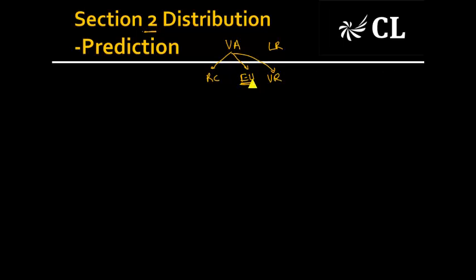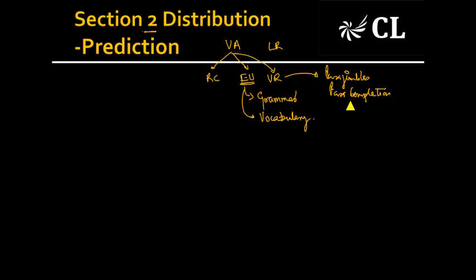By English usage I mean questions based on grammar and also questions based on vocabulary. By verbal reasoning I mean things like para jumbles, para completion, critical reasoning, and so on and so forth.